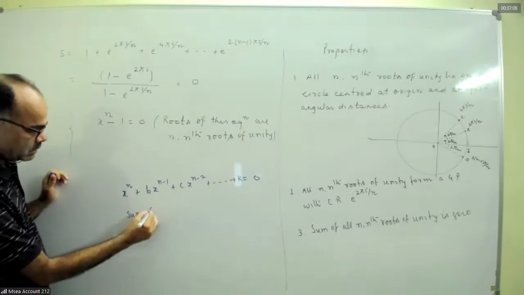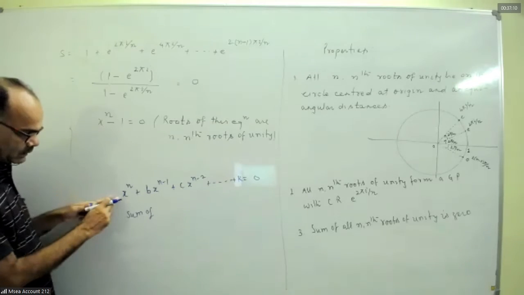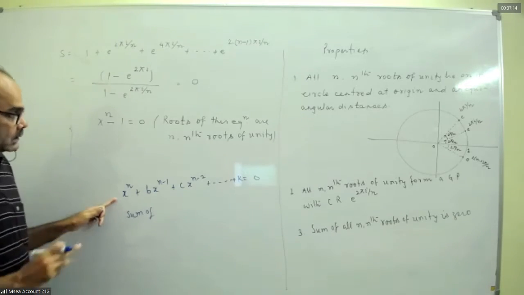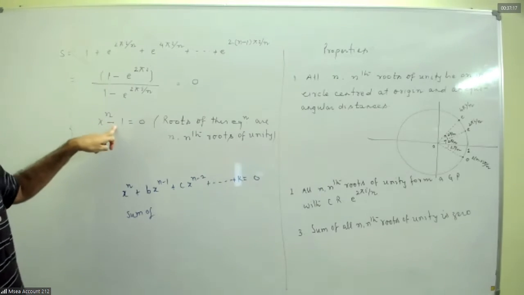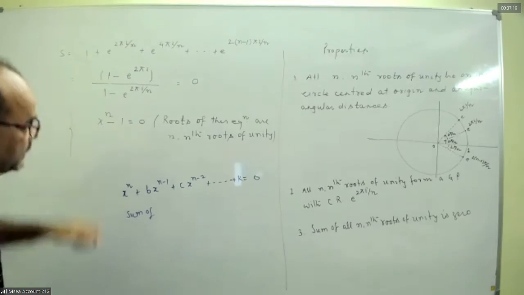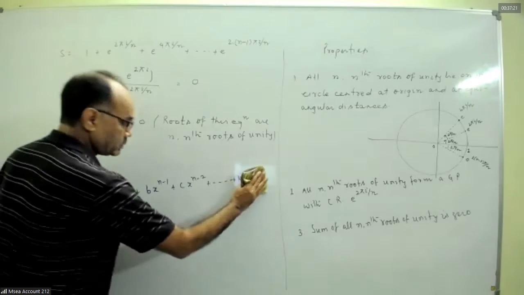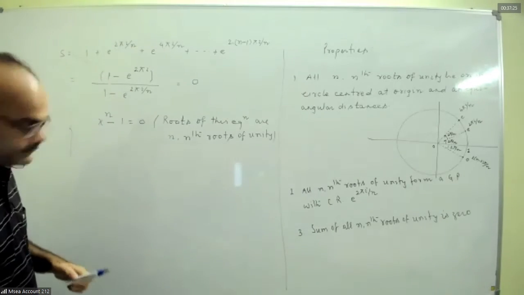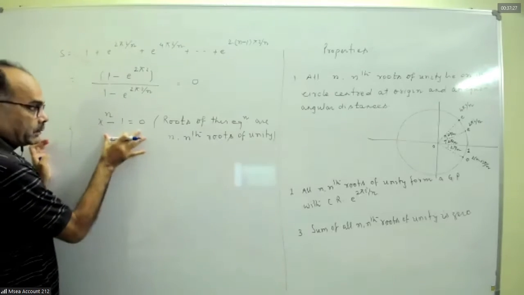Minus b divided by a. In the same way, here b is 0. Sum of n roots of unity is 0. So it's an easy way to remember.